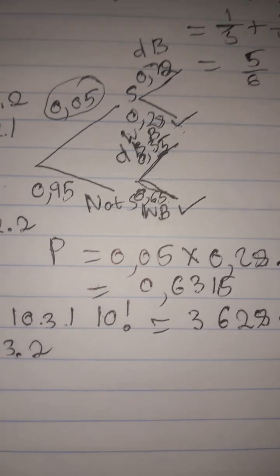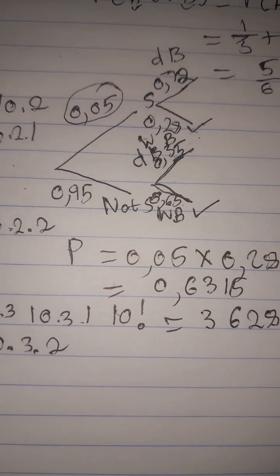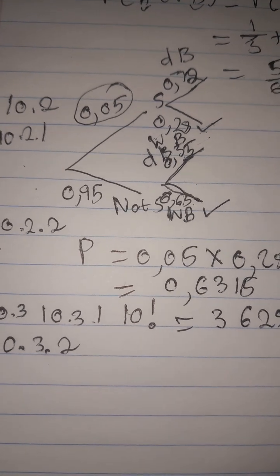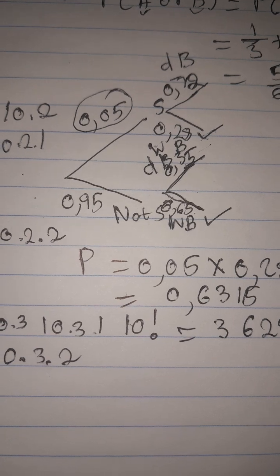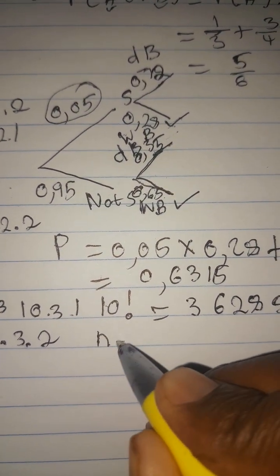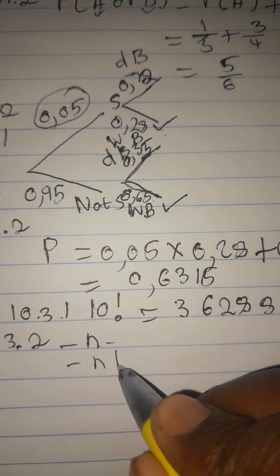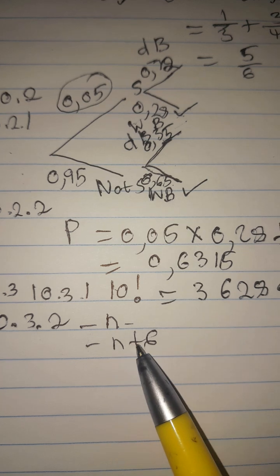Remember, we need 5 learners between the 2 youngest. If one youngest learner is placed at n, the other one will be placed at n plus 6, right?